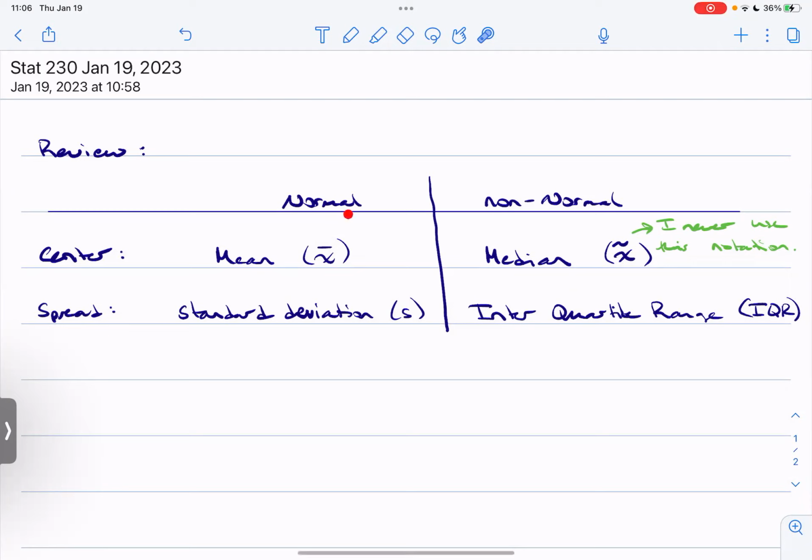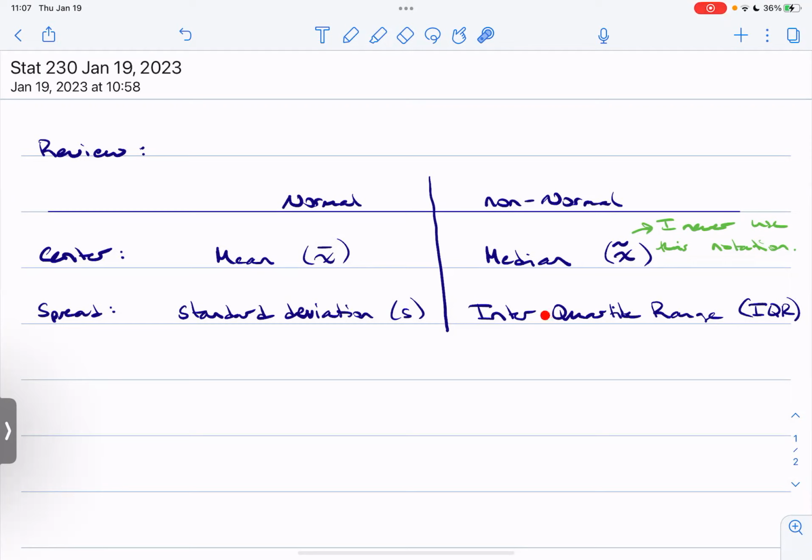Right? And so if I have a normal distribution, then I'm going to use the mean as my center and the standard deviation as my spread. Okay? If I have a non-normal distribution, so anything but a normal, right? I just lump it into non-normal. Then I'm going to use the median as my measure of center and the interquartile range as my measure of spread.